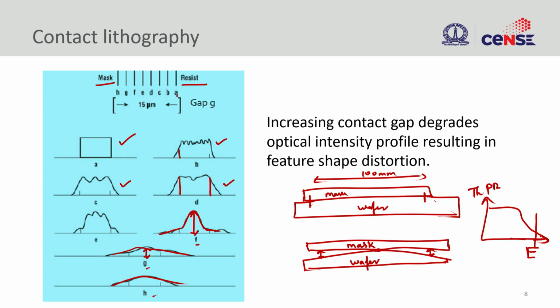But now because of this proximity I am moving away from the contact region, and my intensity is also reducing. So now I am in this position. According to this contrast curve, I cannot expose the photoresist at all. You can apply enough dose, but you will see that there is no reaction from the photoresist. It will stay there as if you have not illuminated.